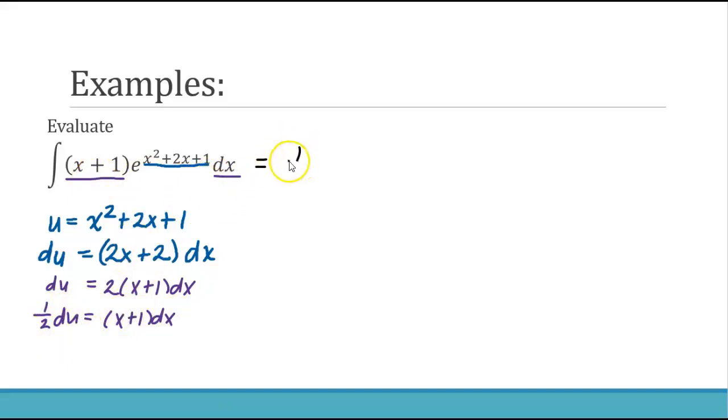I'm going to keep that 1/2 in the front, and then the du in the back where the differential is, and then the actual integrand will now become e to the u. And that's it. So we got rid of x plus 1 dx by replacing it with the half du. We put the half here, the du here. And then this part became e to the u because x squared plus 2x plus 1 was just u.